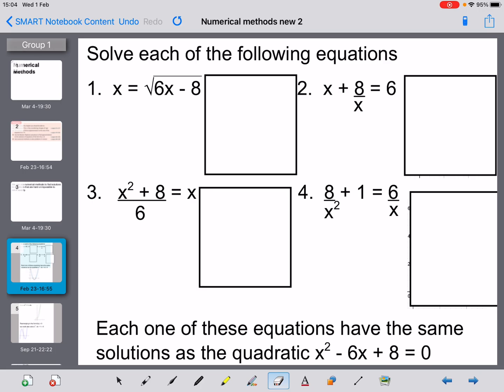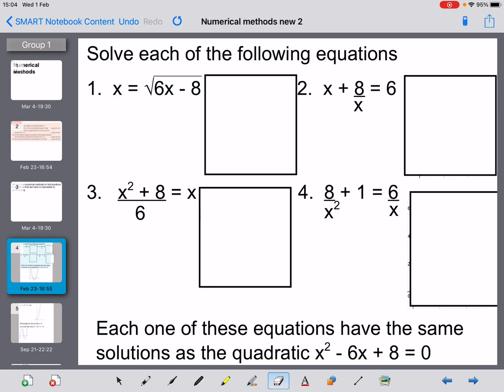Okay, so hopefully you found something interesting in that they all ended up resulting in the same quadratic, and therefore the same 2 values of x, which were 2 and 4. For the first one, you will have had to square both sides and then rearrange it to get your quadratic.